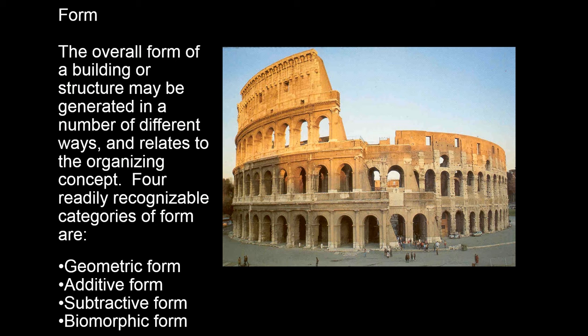Those are very different from the Euclidean forms. What is Euclidean? It's based on Euclidean geometry: circles, lines, definable things. Nowadays, we have these things called NURBS, non-uniform rational B-splines.